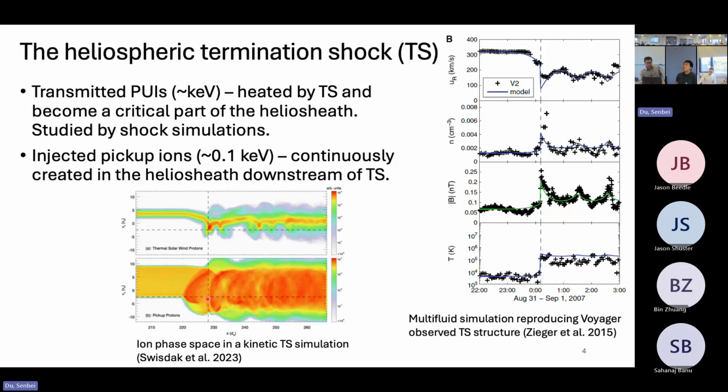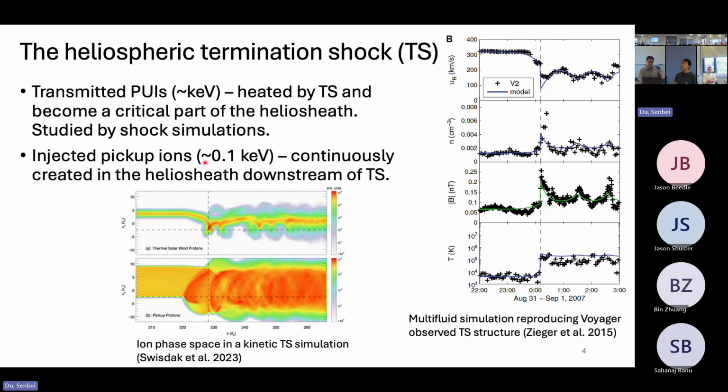Another thing I want to point out is that in the heliosheath, there is a different pickup ion population, which we call the injected pickup ions. These are a little bit lower in energy, about 0.1 keV, and are continuously created in the heliosheath, downstream of the termination shock.